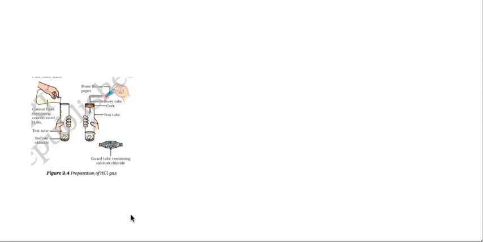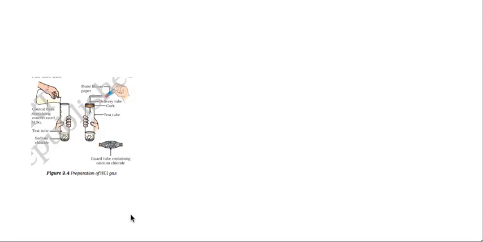Some acidic gas is produced which is turning the blue litmus red. If you have a dry gas coming out, then if you pass the same blue litmus paper onto that gas, it will not turn red. But if you have a moist gas coming out, then it turns the blue litmus red.